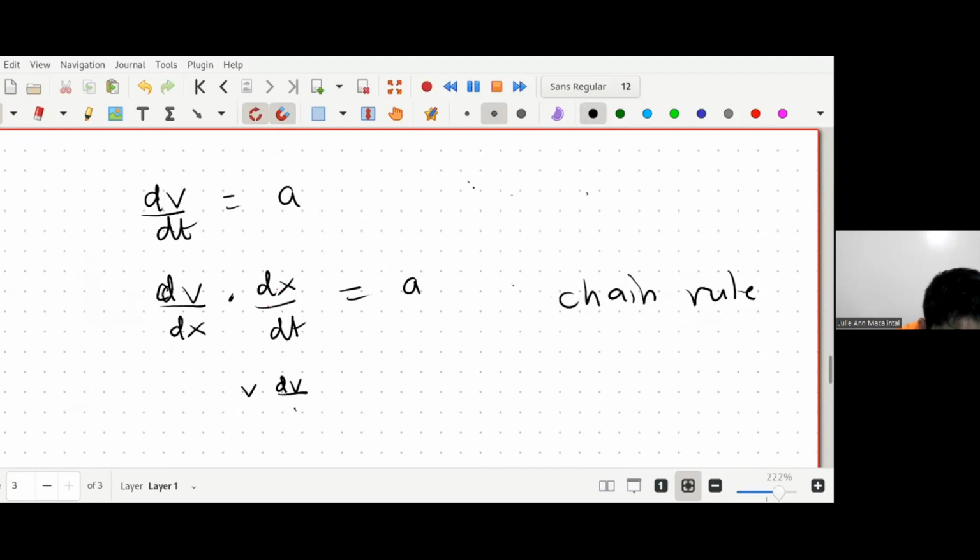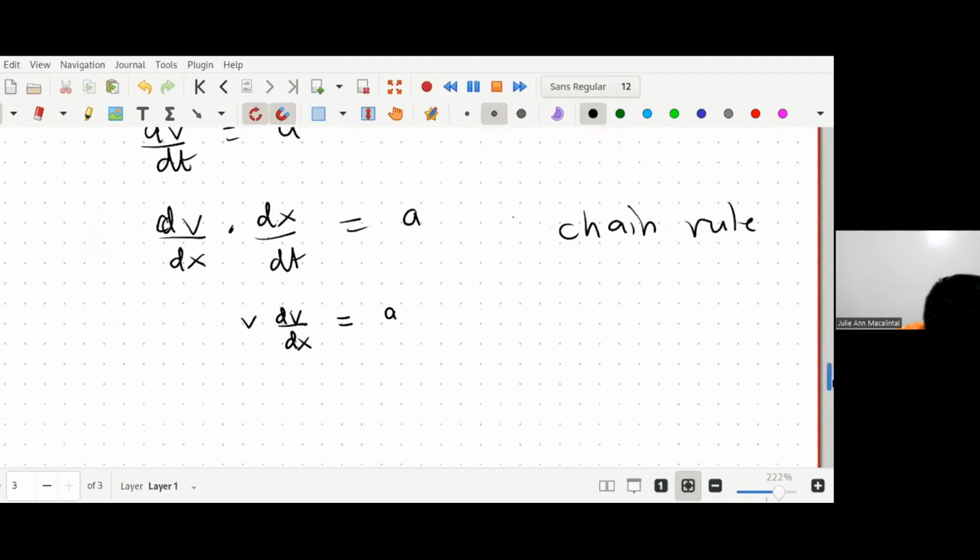So the derivative of velocity with respect to x multiplied by the velocity is equal to the acceleration. Ngayon, pwede nating i-integrate yan by treating both sides as a function of v versus x. So if we do that, we have this. So yung v dv, that's just 1/2 v square. Tapos yung a multiplied by x, and then there's a constant.